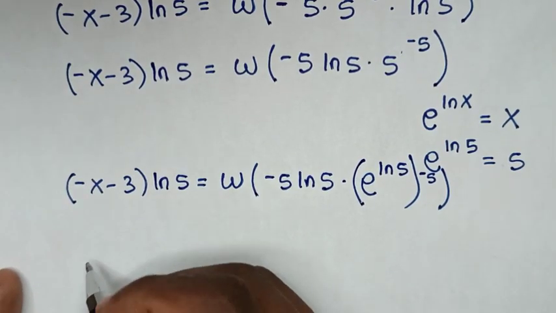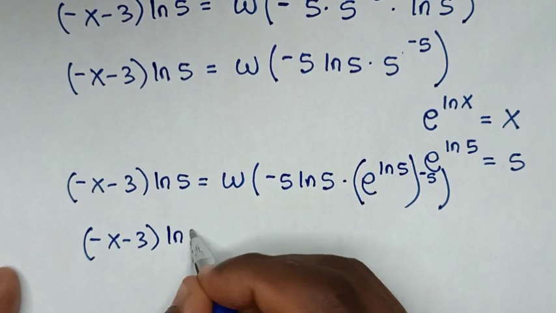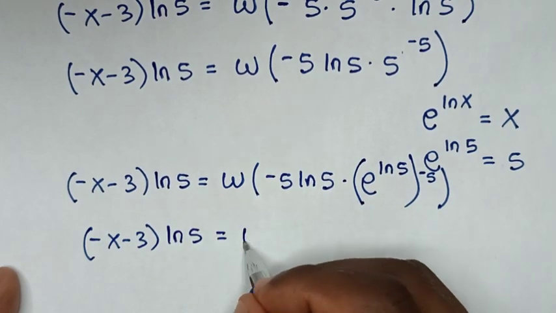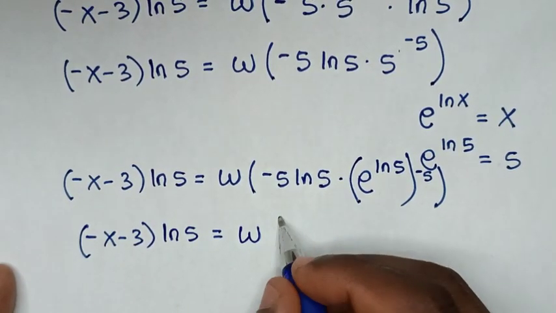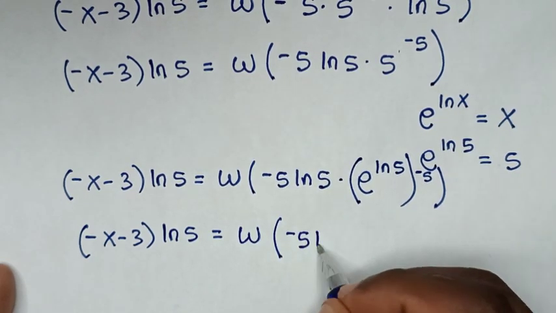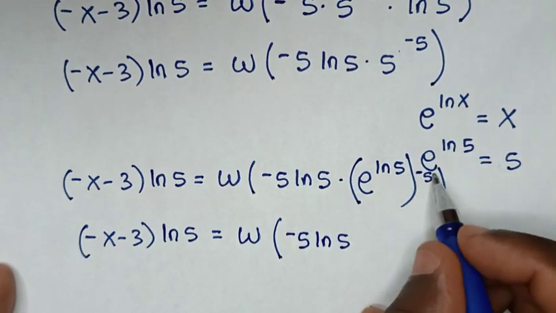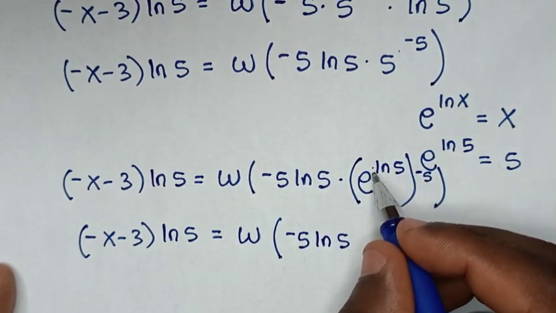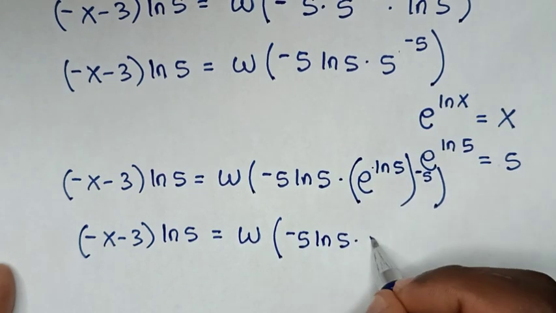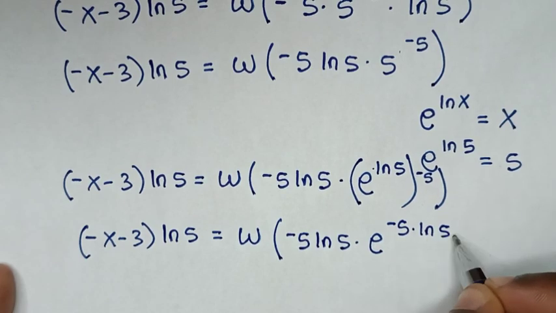So it will be (-x - 3)(ln 5) is equal to W of (-5 ln 5), then this -5 will take here before ln 5, so it will be times e to the power of (-5 times ln 5).